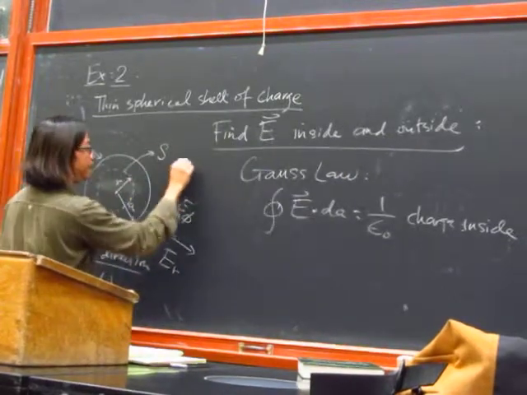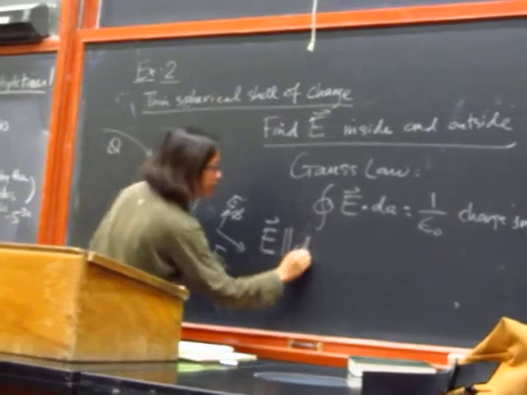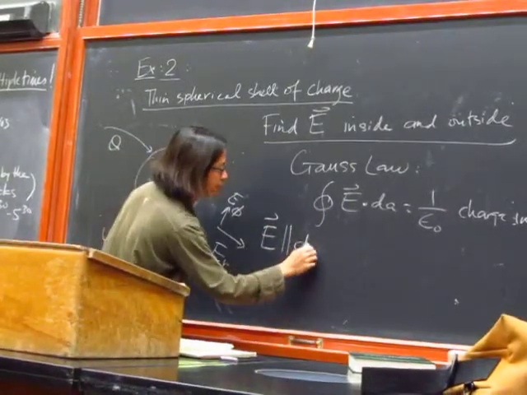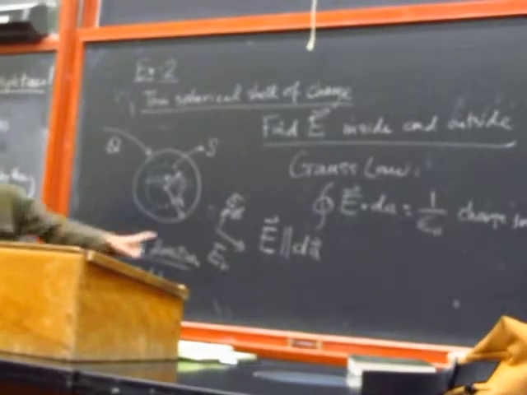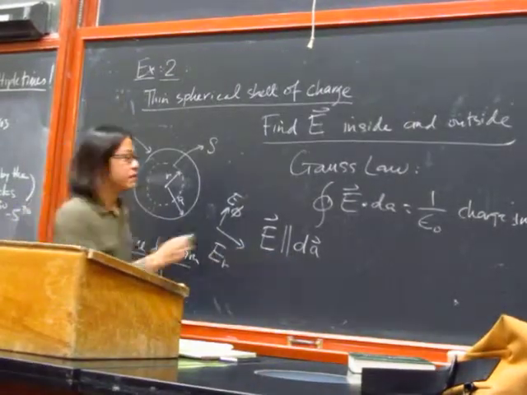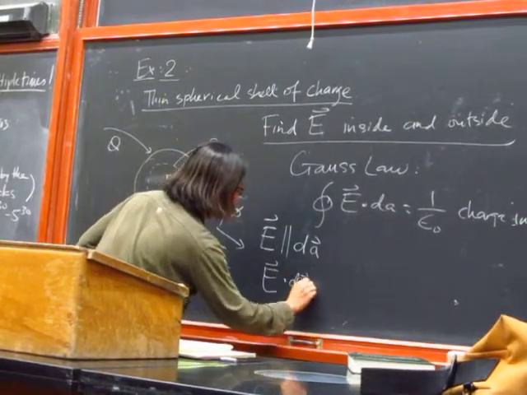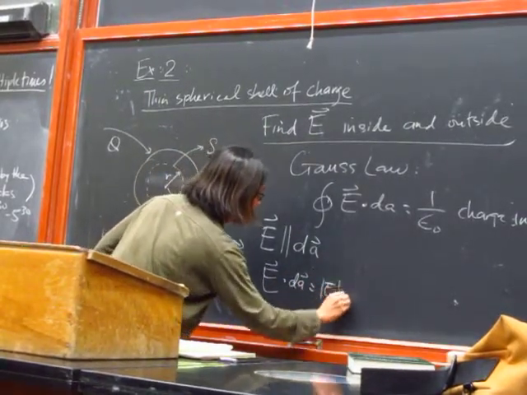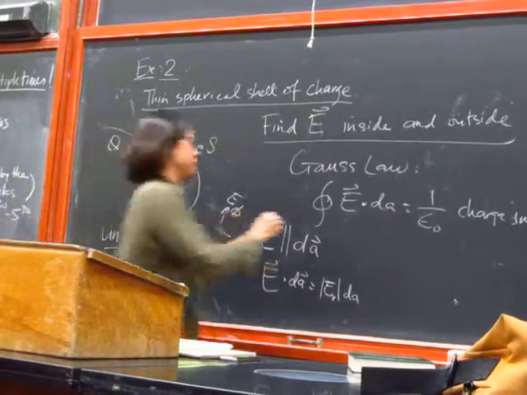The electric field is parallel to the differential surface vector. Therefore, E dot dA is just E dA, in the radial direction.